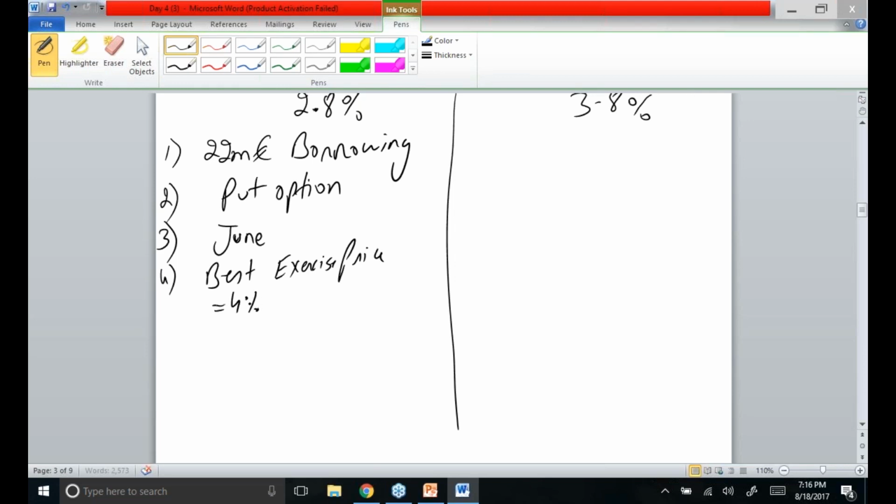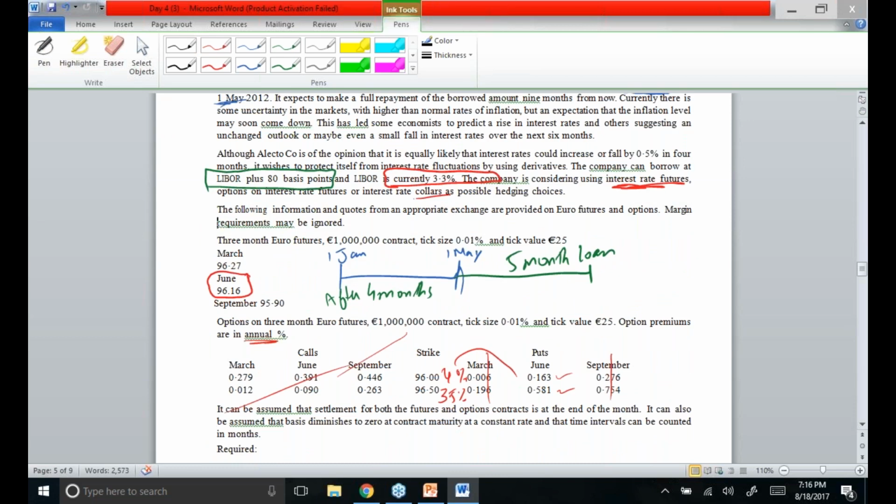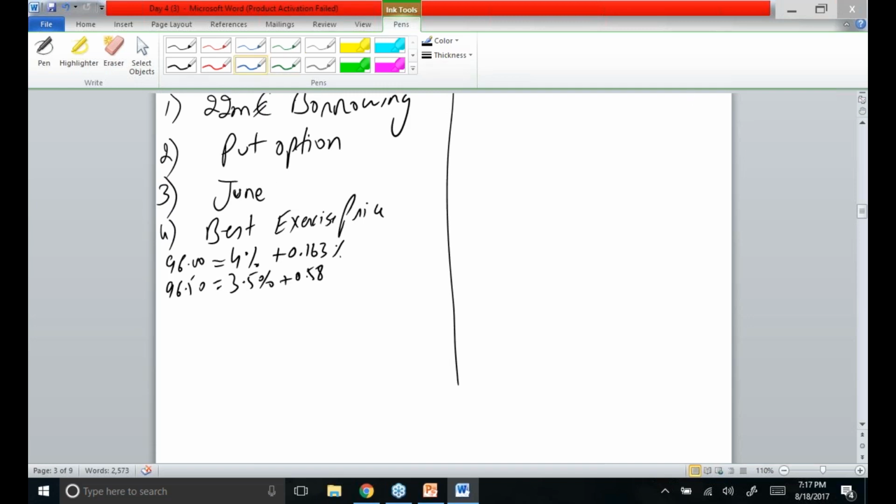4%, plus 0.163, and 3.5% plus 0.581. And total will be 4.163%, and 4.081%.